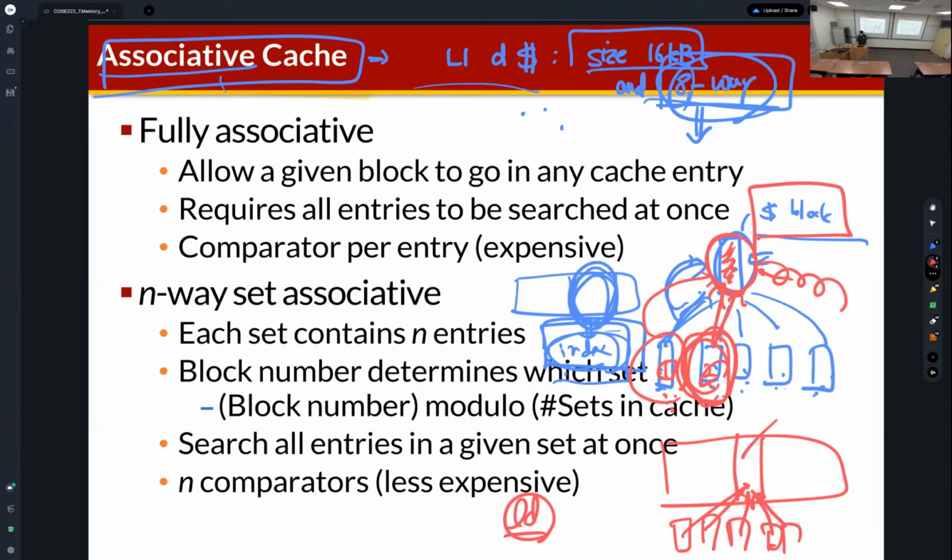What's the problem? Even though this cache has many other blocks, these other blocks cannot be used for allocating these requests, because these requests are mapped to the same cache block.